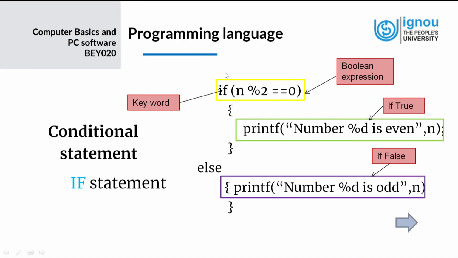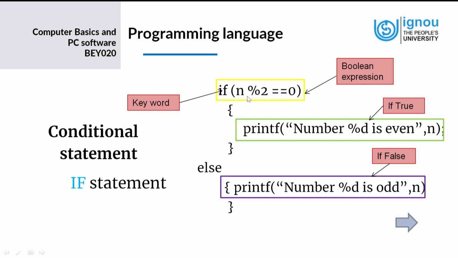The keyword we normally use is if, and the Boolean expression is enclosed in parentheses. What you see here is an operator, and %2 is the remainder operator, and this is a relational operator which compares it to 0.